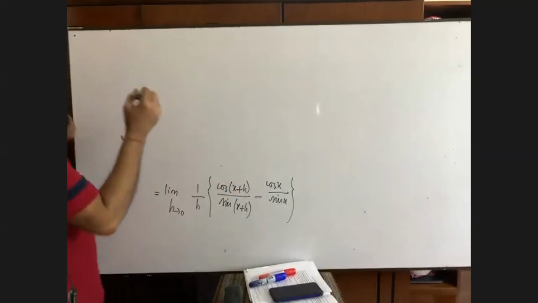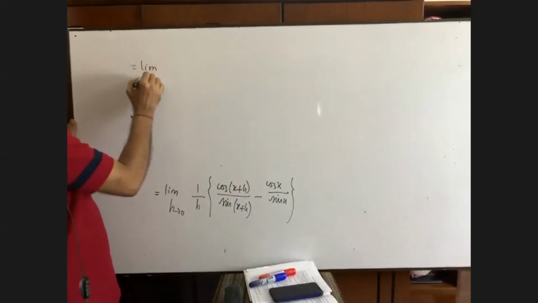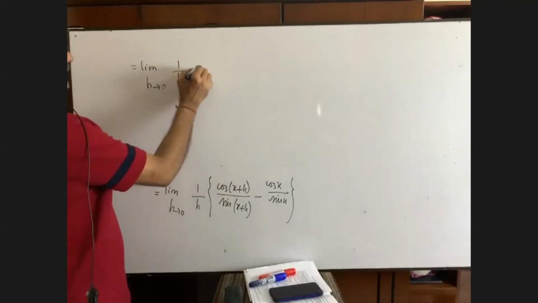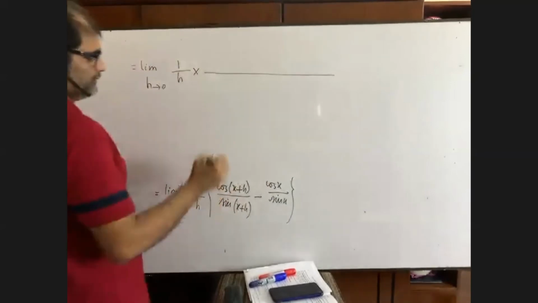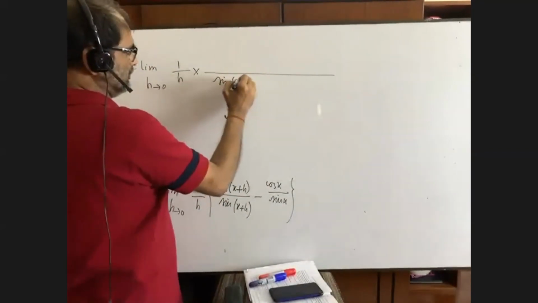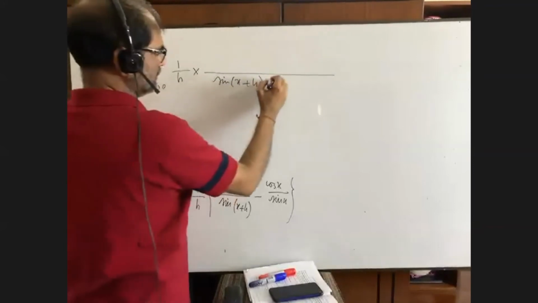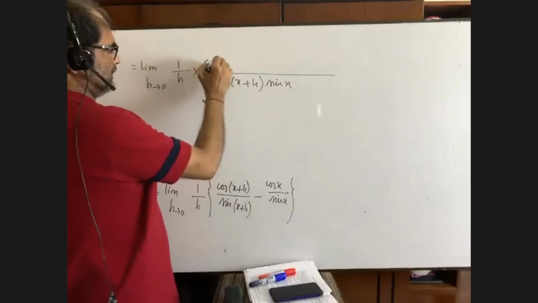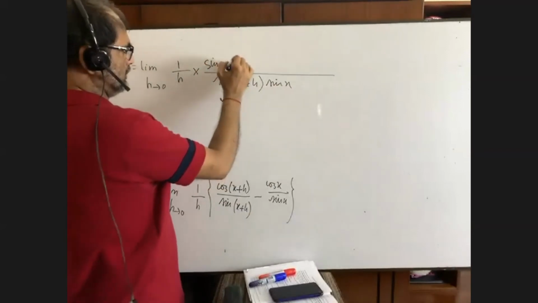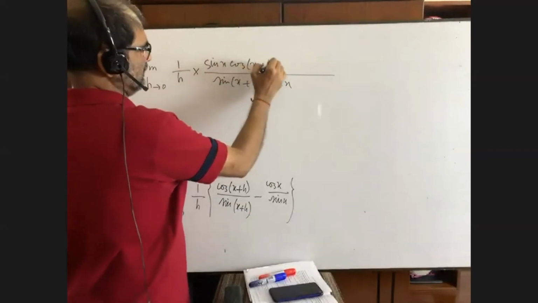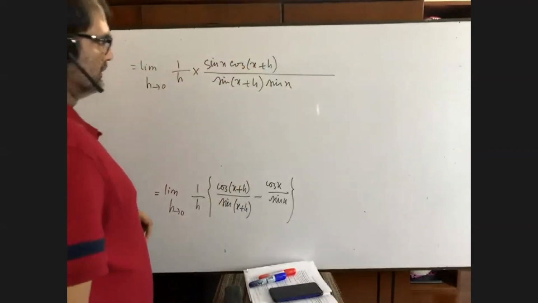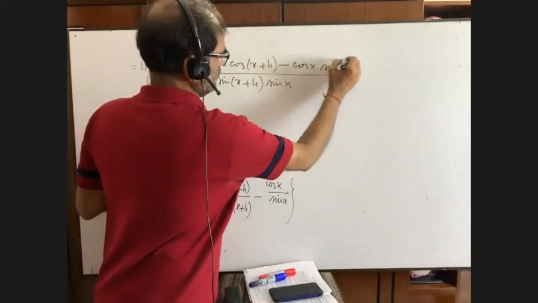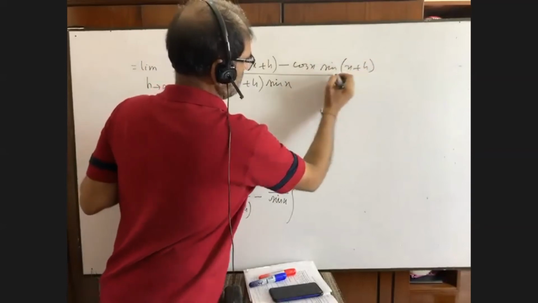Then we can write like the previous one, limit h tends to 0, 1 by h into the LCM, sine of x plus h into sin x. Here sin x cosine of (x plus h) minus cos x sin of (x plus h).